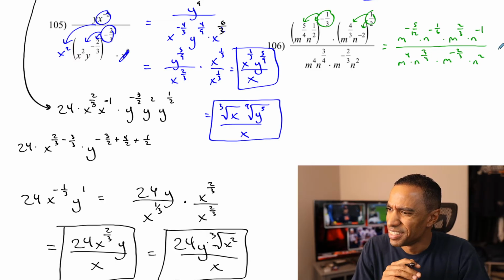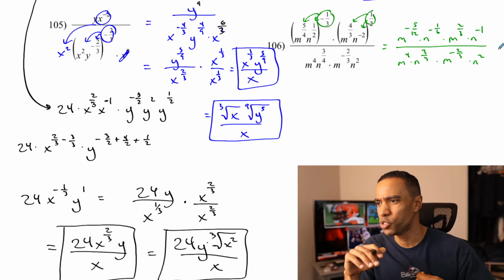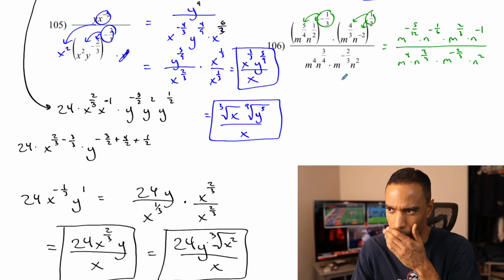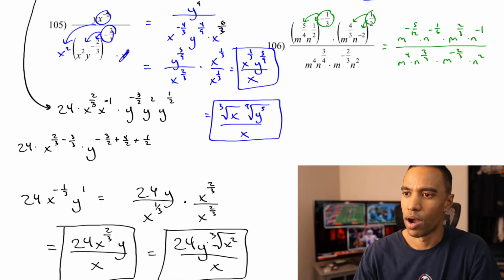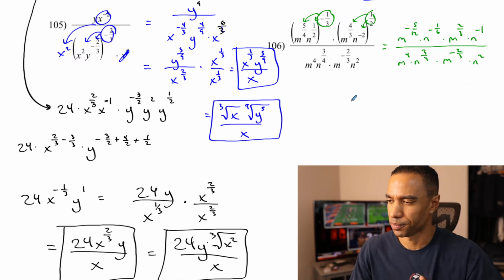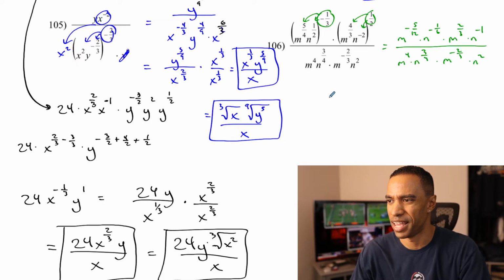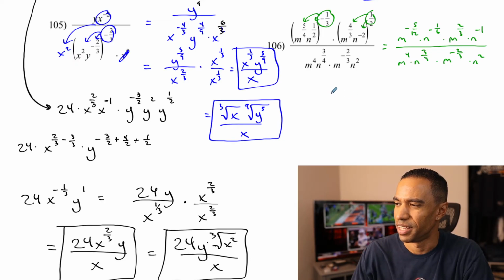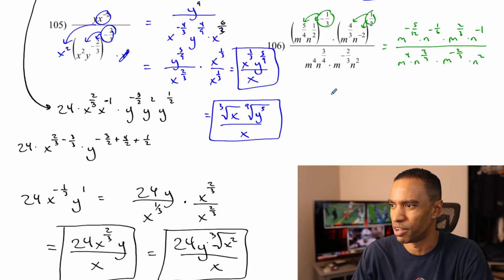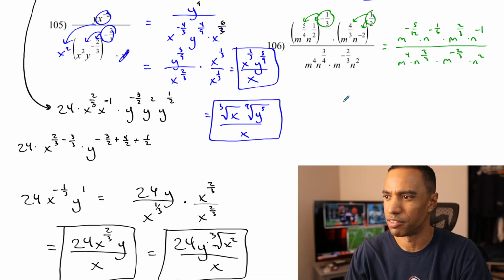Let's just work the top separately from the bottom and then see where we go from there. So on the top I have, I don't know. Yeah, this is rough. Let's turn negative exponents positive.